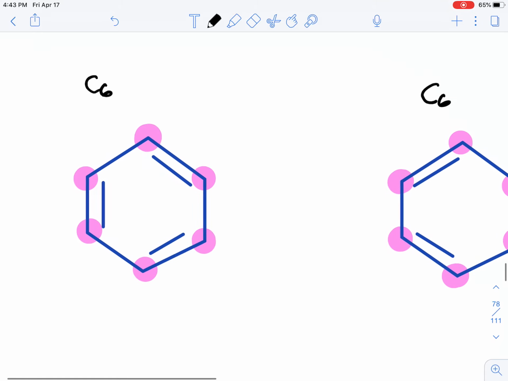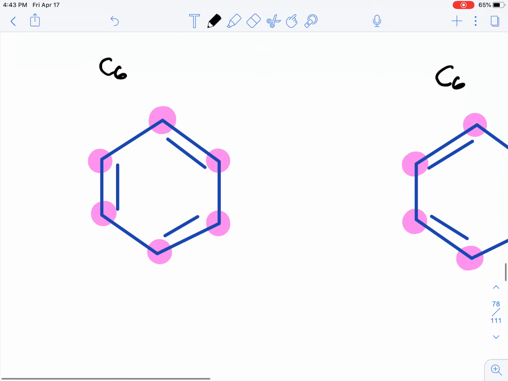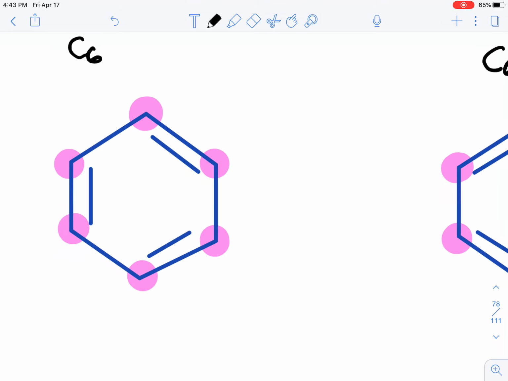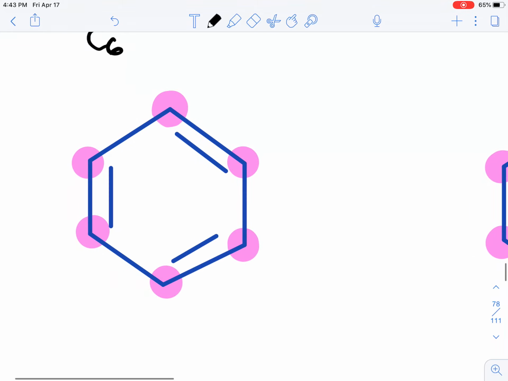And so the next thing that we're going to look at are the hydrogens. And the hydrogens are a little tricky for the skeletal structure, just because remember that for the skeletal structure, the hydrogens are ignored. It's implied that it's there, but we have to do some quick math.